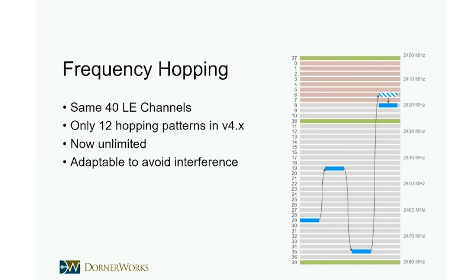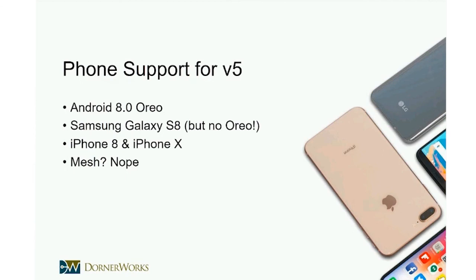You can say, okay, this is a really, really noisy channel, I want you to use 8 instead of 6. That allows you to be more deterministic, drop fewer packets, have less interference, and support a lot more Bluetooth traffic given the number of wireless devices we have right now.